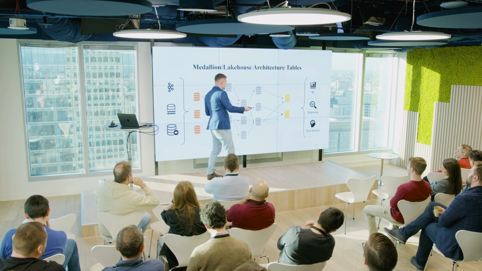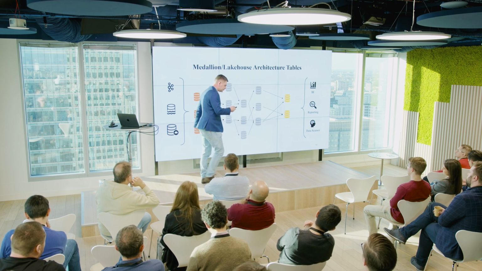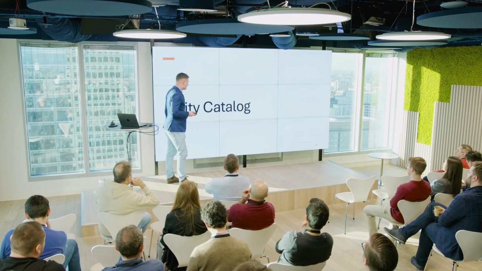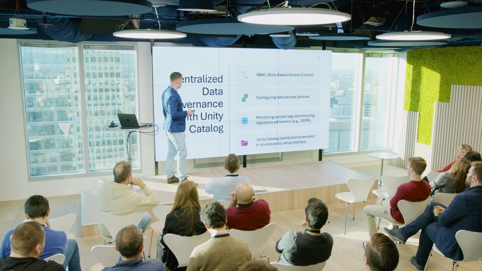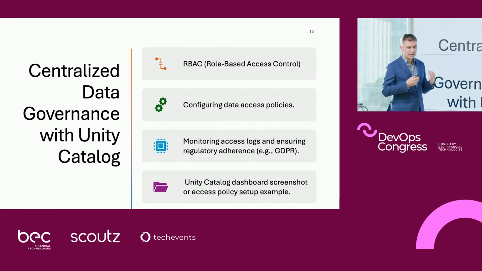And when we find the best in the data, we can serve it in the gold layer. Unity Catalog. So Databricks is one instance. One instance is a workspace, and we can create a lot of workspaces. As we are working in the DevOps world, we have dev, stage, and prod.